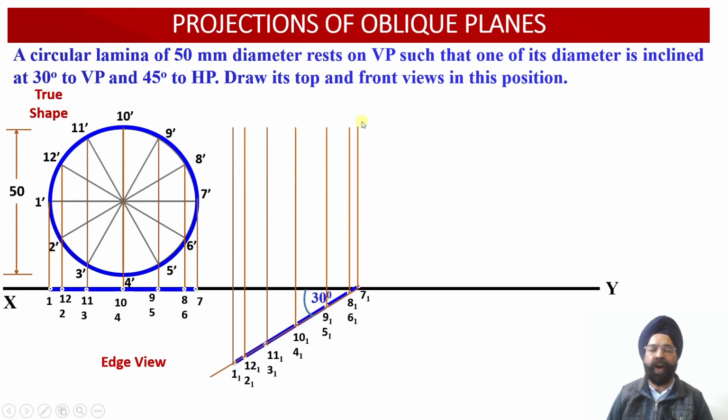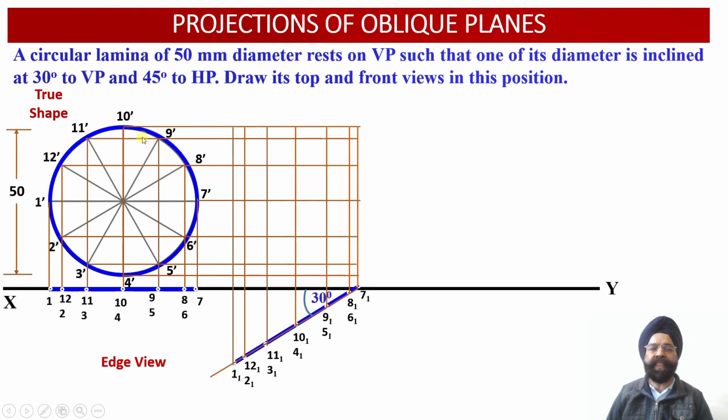Now first of all, we can see that from all of these 12 points, we have drawn the horizontal projector lines over there. Now let us find out the intersection points which are going to be the corresponding points over here. So let us discuss each one of these points one by one.